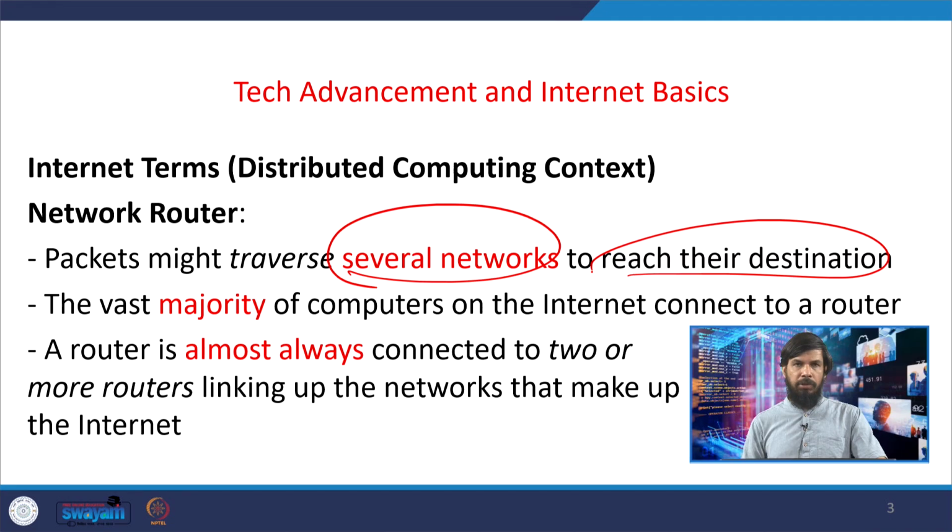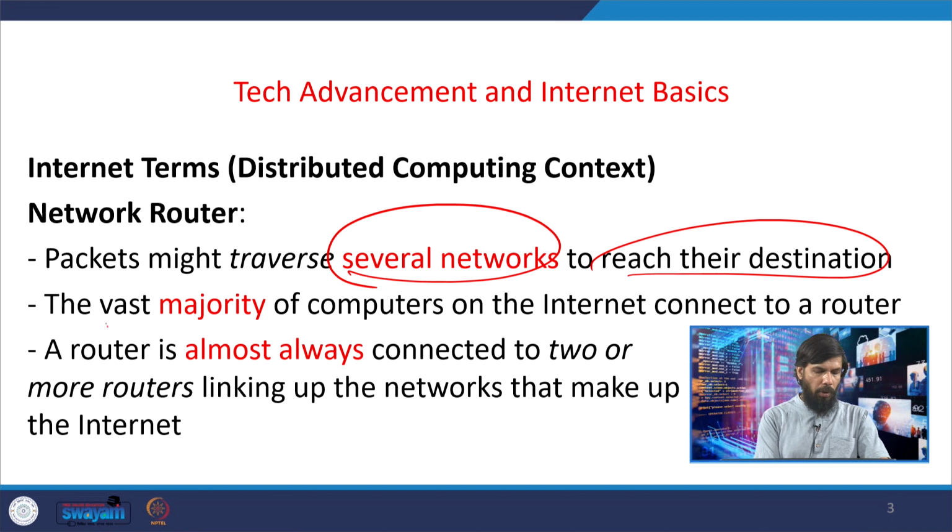So, the vast majority of computers on the internet connect to a router, because that is how the internet connection is established between a client and the server. There would be connections from computers to routers, and those routers to other routers, and eventually the connection to even the server machines, right.